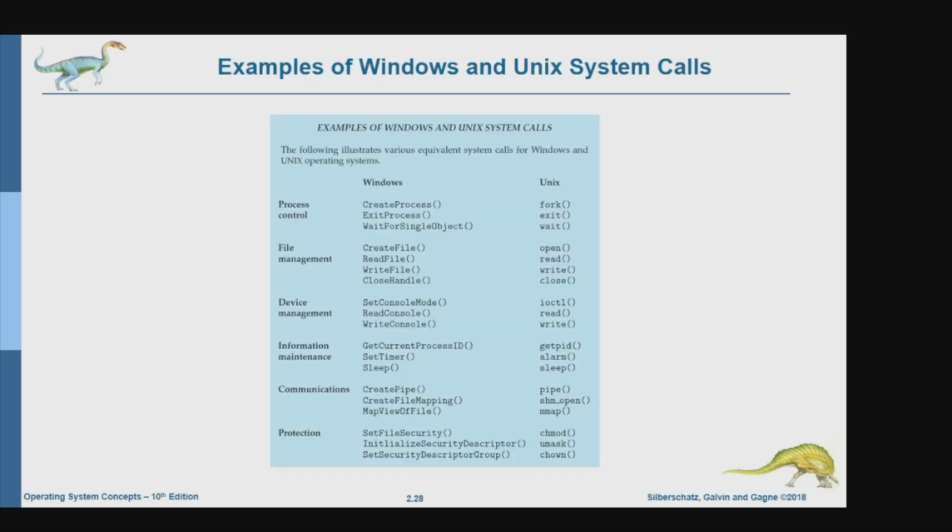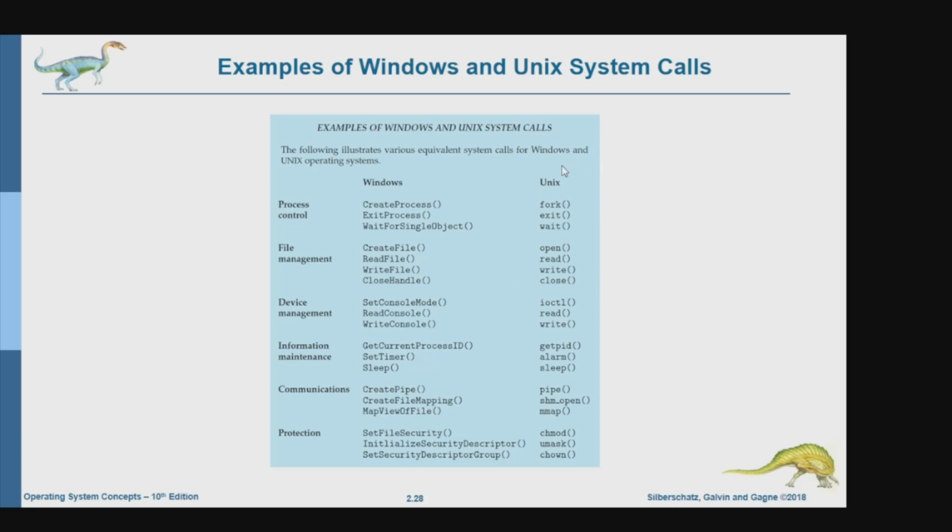Next, this slide shows an example of Windows and Unix system calls. Previously we looked at copying content from one file to another. This example illustrates the equivalent system calls for Windows and Unix operating systems. For process control in Windows, we have CreateProcess, ExitProcess, WaitForSingleObject. In Unix, we have fork, exit, wait.